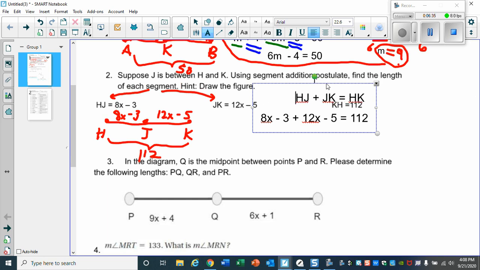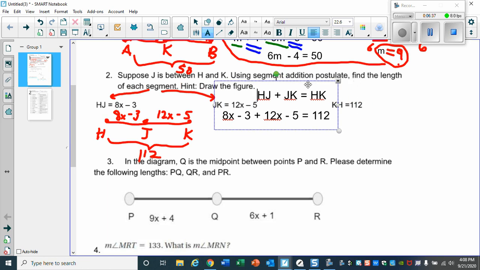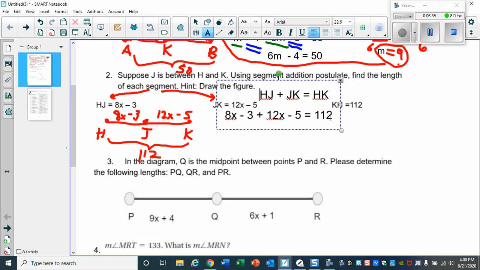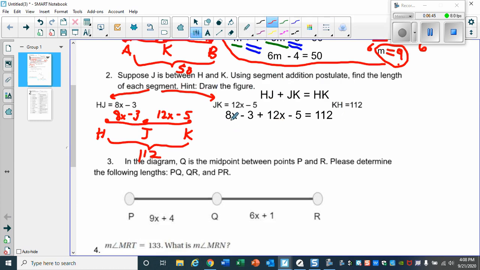Then, as before, combine your like terms. Combine your 8x and 12x, minus 3, minus 5. We get a result of 20x minus 8 equals 112.